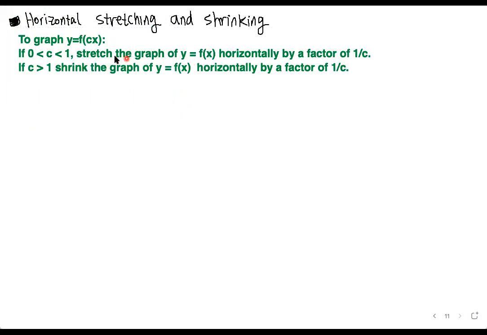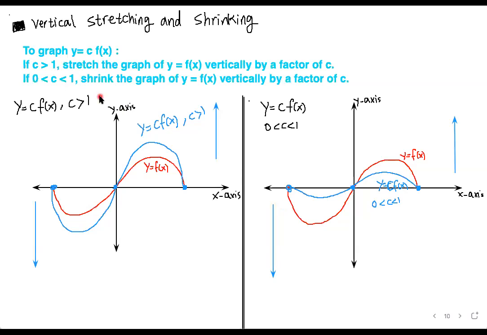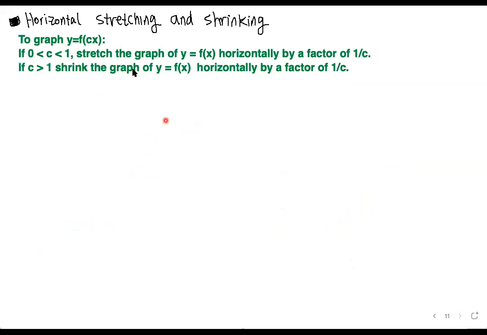So now to graph the function f of c of x, look, the c is inside the function, but here the c is outside the function, outside for the vertical, inside for the horizontal. If c is between 0 and 1, we do stretching for the graph.